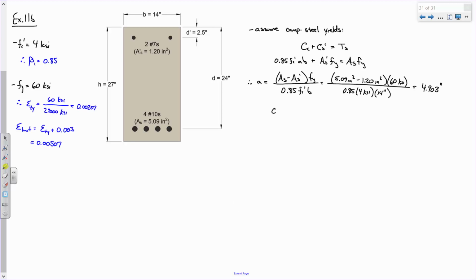So C is A over beta 1, which is 4.903 divided by 0.85. And that equals what?